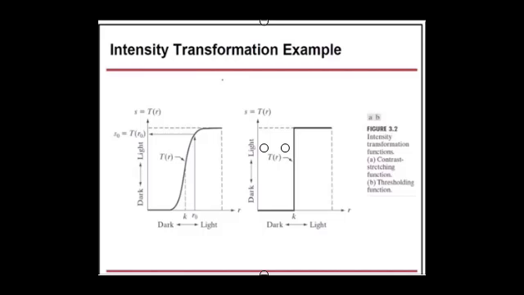So now we will discuss some intensity transformation functions. Students, always remember T is the transformation that maps a pixel value r into a pixel value s. R is the source and s is the destination. There are three types of transformation: linear, logarithmic, and power law.